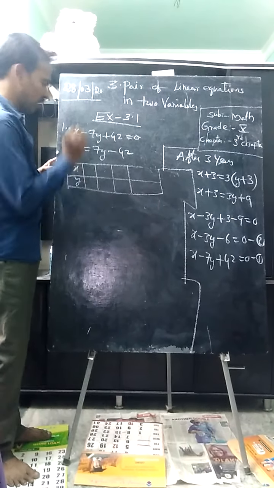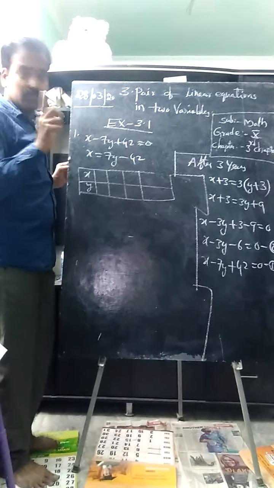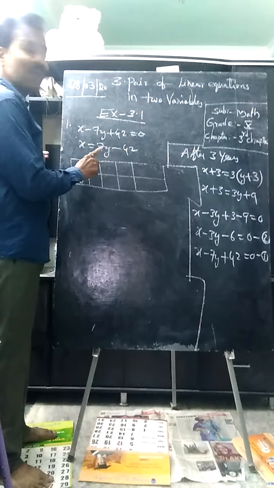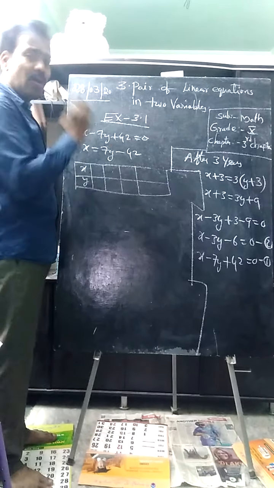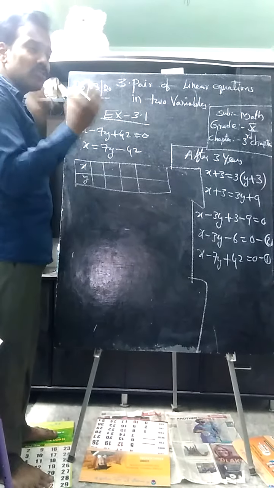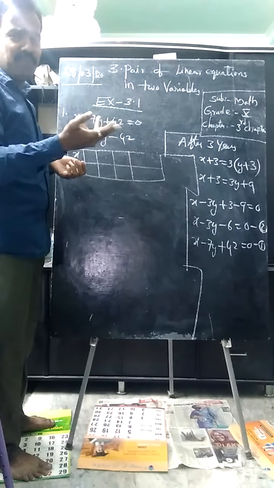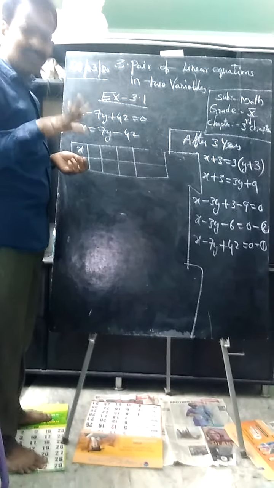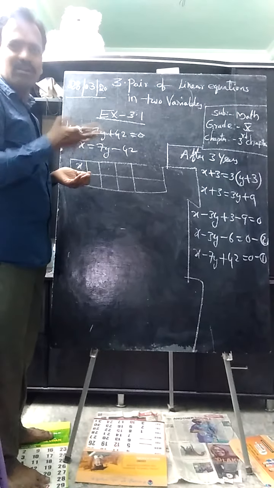You take x, y. By putting a y value, we will get the x value. But students, remember, when it is in fraction form, if you have any denominator, take multiples of the denominator, because it is not possible to represent some decimal numbers. 1.5, 2.5 like that we can show, but 1.333 we can't represent. Non-terminating, repeating decimals we can't represent.